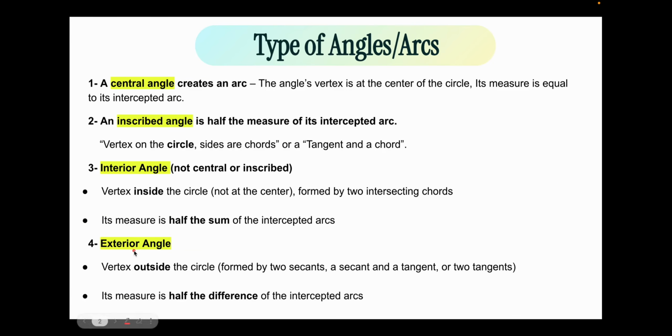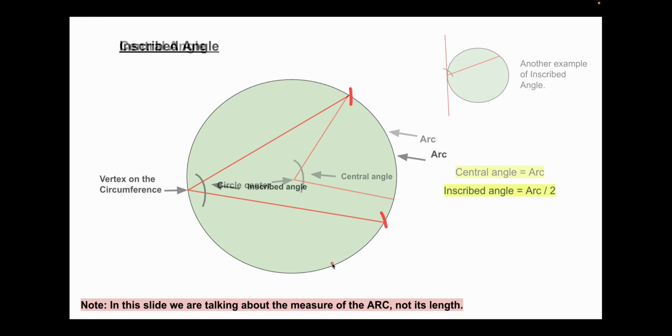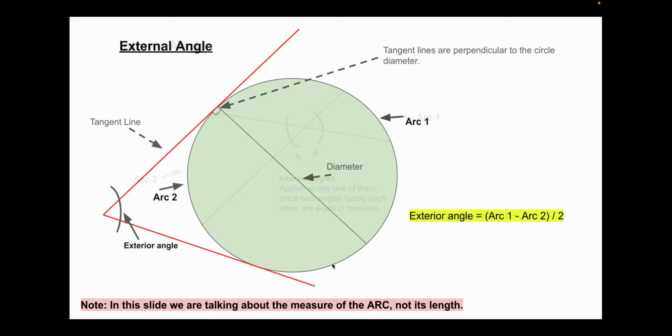And the last one is exterior angle, vertex outside the circle formed by two secants, or a secant and a tangent, or two tangents. Its measure is half the difference of the intercepted arcs. And this is the external angle.